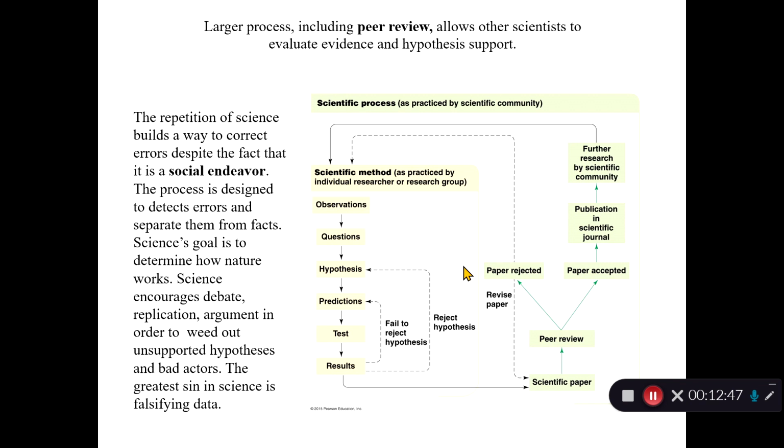And having that stage where you have other people with scientific expertise look at it helps to keep some, if we say, bad actors or weaker hypotheses or weaker methods from getting published, right? That's not to say that that doesn't happen, right? It's just to say that this is another layer at which we can try to create an amount of scientific literature that has validity.